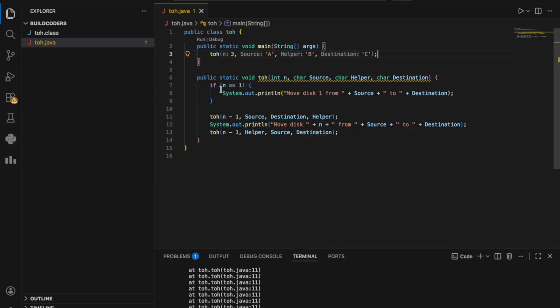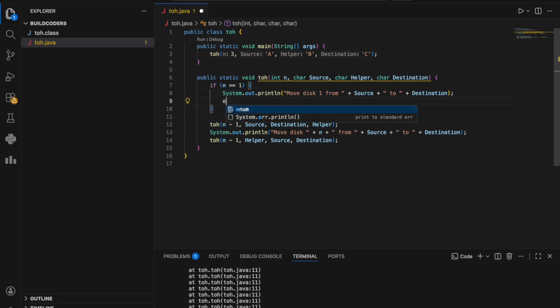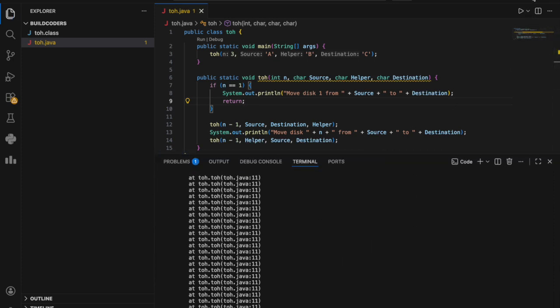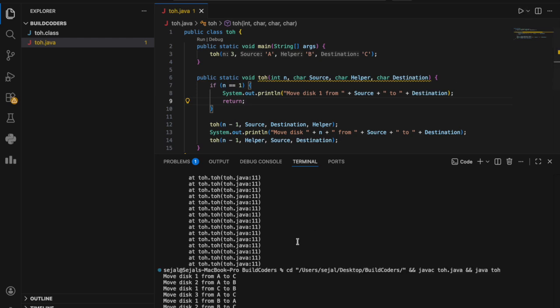Oh, one important thing. I forgot to write return. That is, break from here. Return this. Hence we got this error. Now let's run it. And thus this is our output right over here.